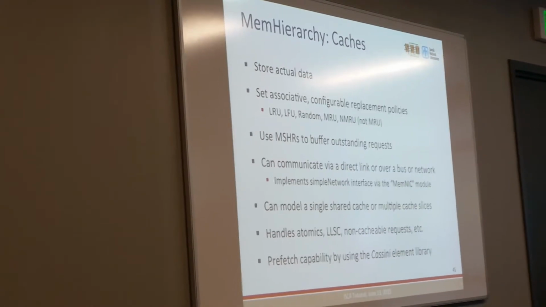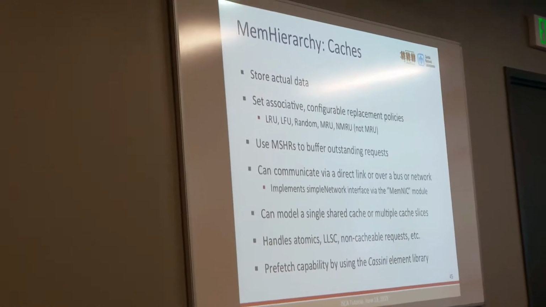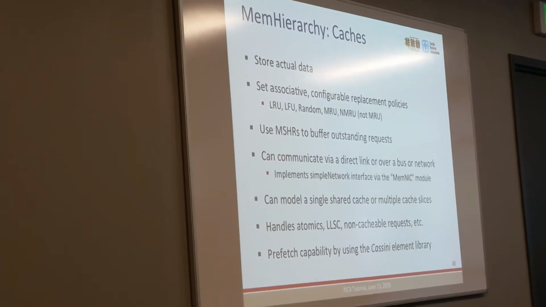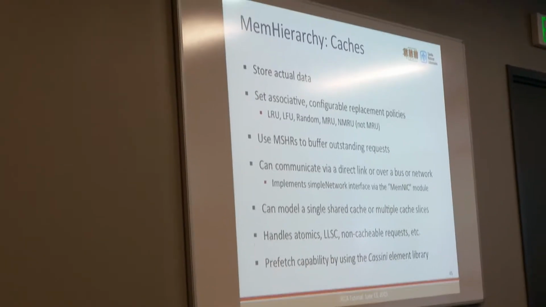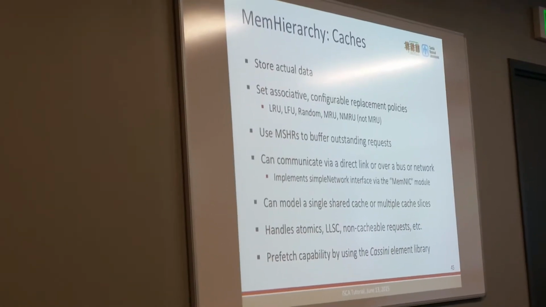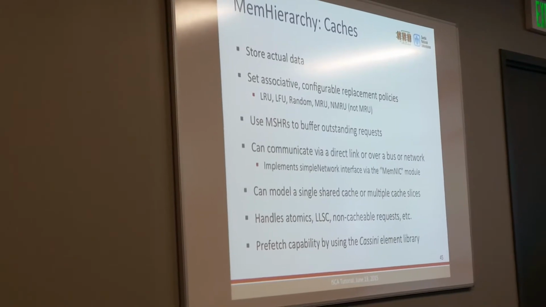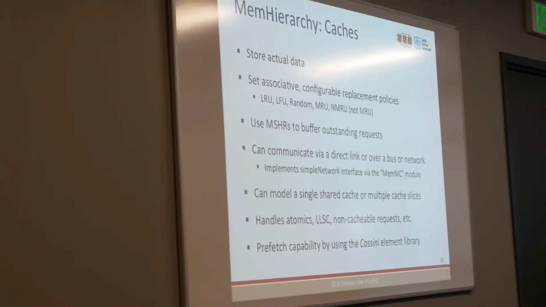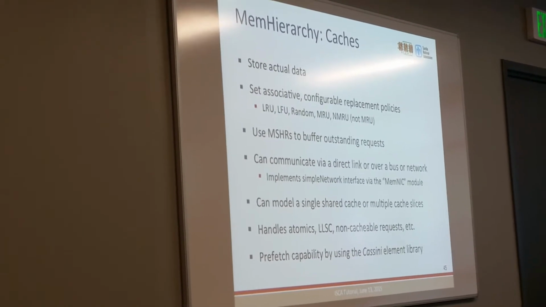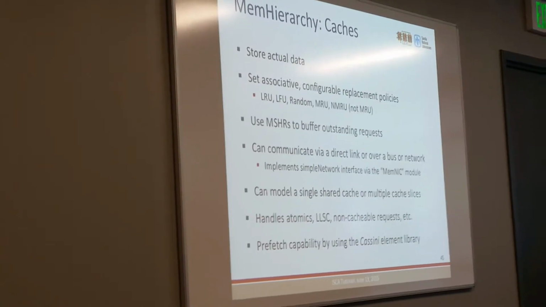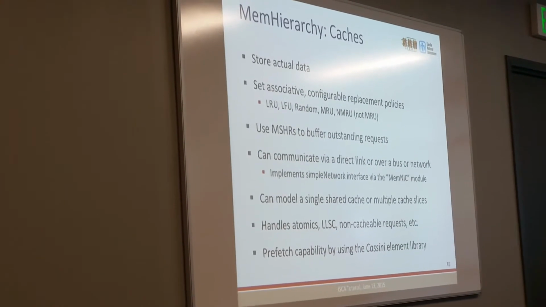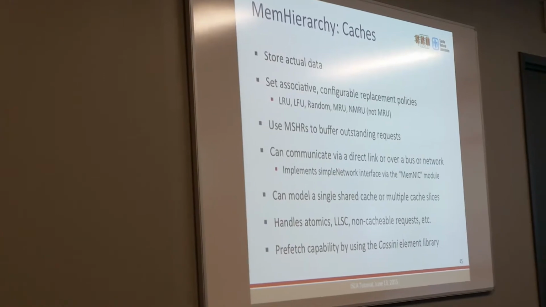It does this through some of the standardized interfaces in SST, specifically SimpleNetwork via the memNIC module, which is a module which can be loaded into your cache in order to connect to, say, the Merlin networks. So you can model a single shared cache or multiple cache slices. So your cache can be kind of broken up and sliced. This is common in some Intel architectures.